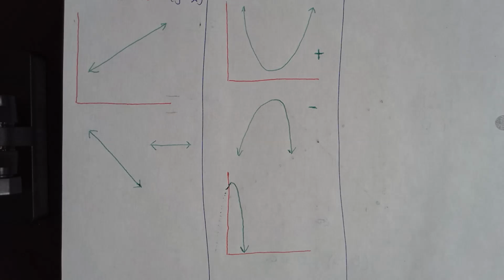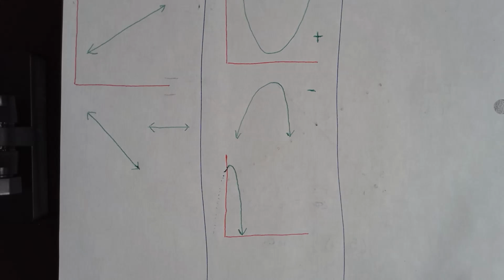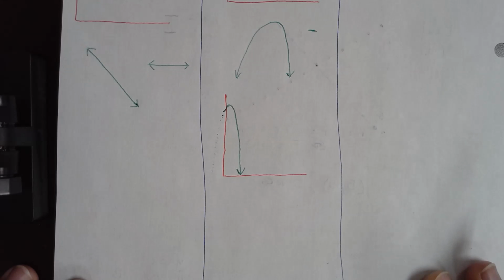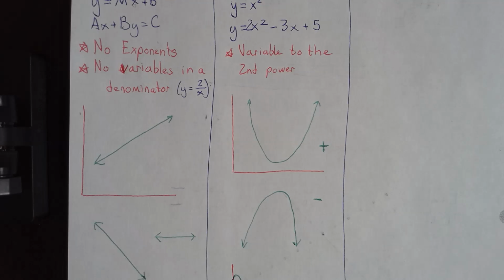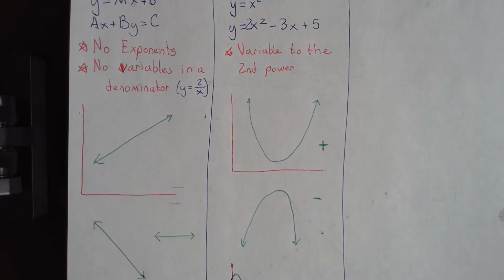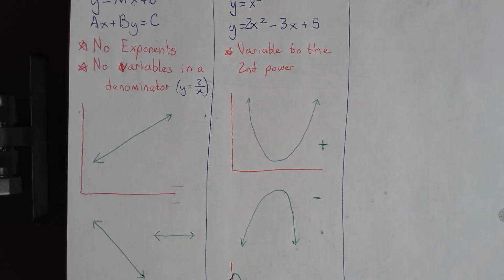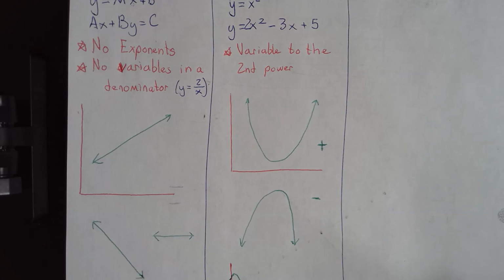The main thing that we want to identify from these, because this will be a quiz question, hint, hint. So, we already know that we have a variable to the second power.